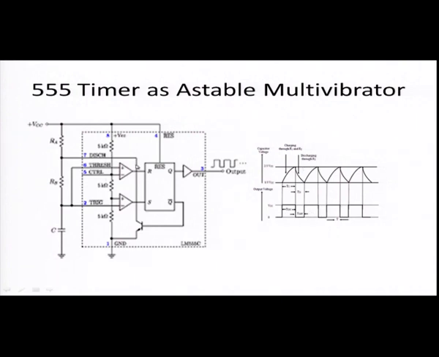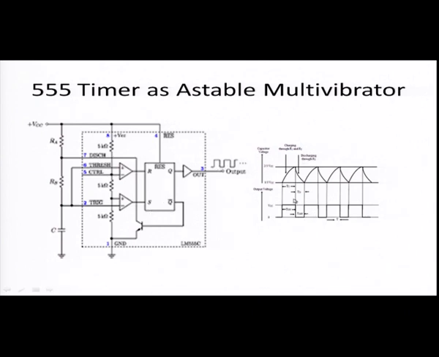So, in this way, during charging, when it crosses 2/3 VCC, it resets the flip flop, and the output will be 0. And while discharging, when the capacitor's voltage just goes below 1/3 VCC, it sets the flip flop. If it sets, the output will be high.